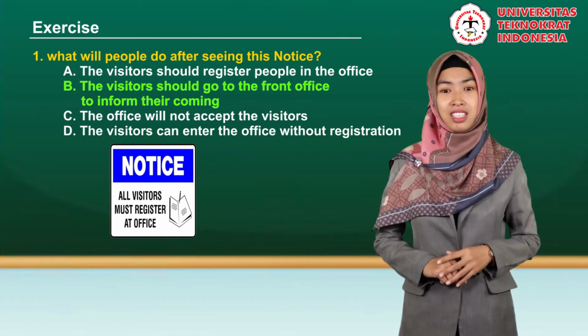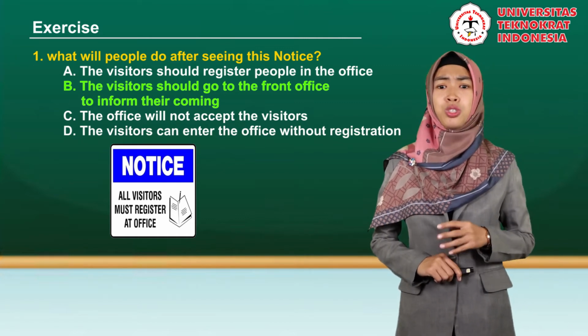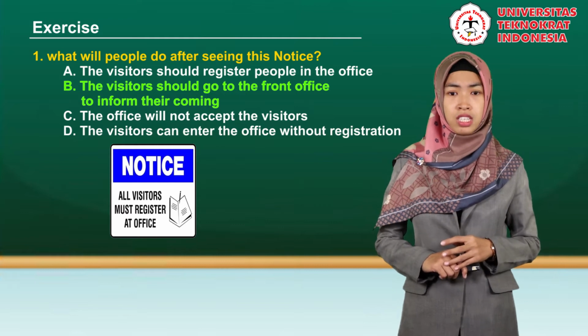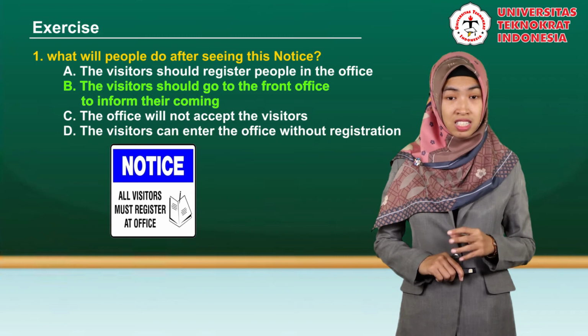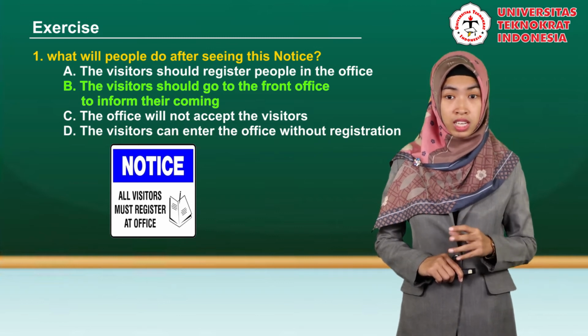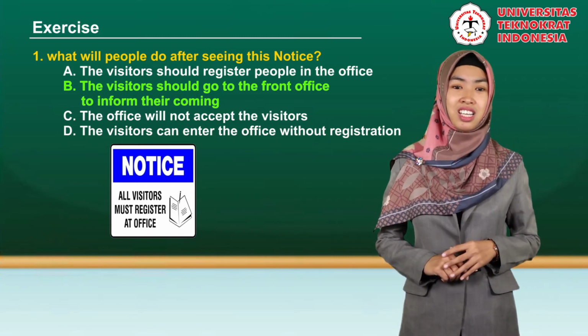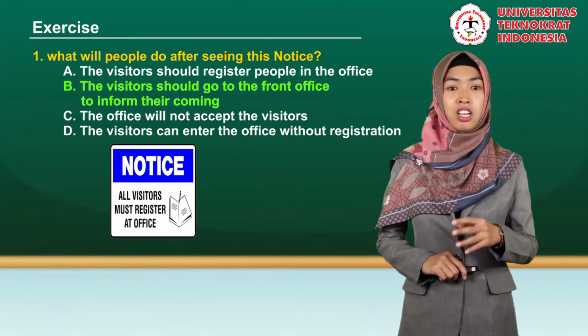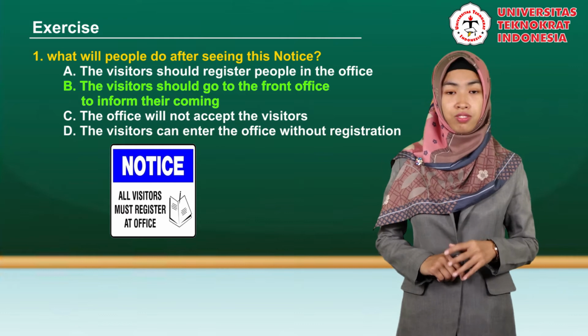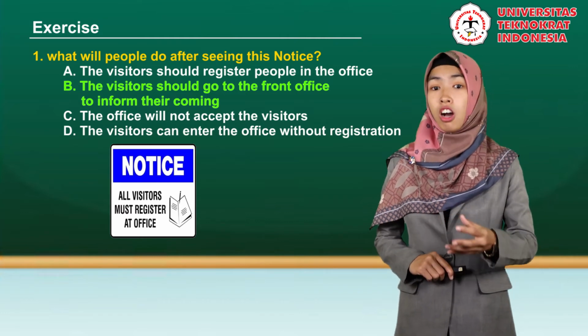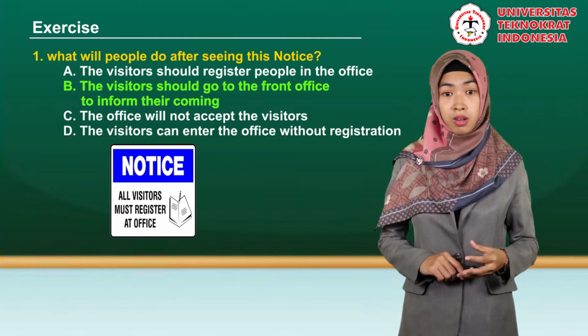And then B, the visitor should go to the front office to inform their coming. This is the correct one. Why? Because it is stated in the notice. The notice tells that all visitors must register at office, whether it is in the office or even in the front.